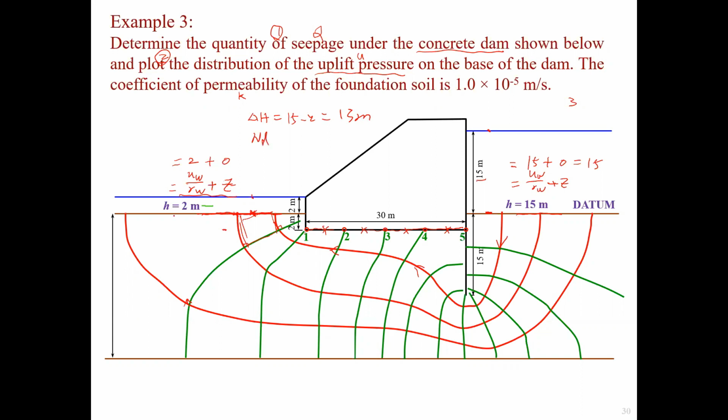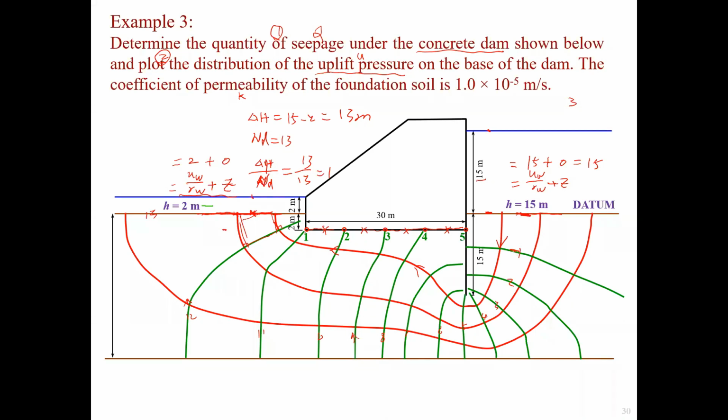From here start: 1, 2, 3, 4, 5, 6, 7, 8, 9, 10, 11, 12, 13, right? So the number of head drops is 13. So delta H divided by ND, 13 divided by 13, equals 1. Which means the head drop between each equipotential line is 1.